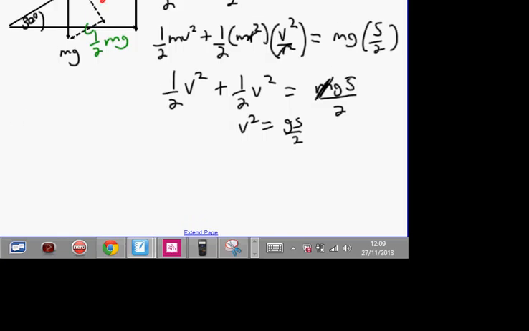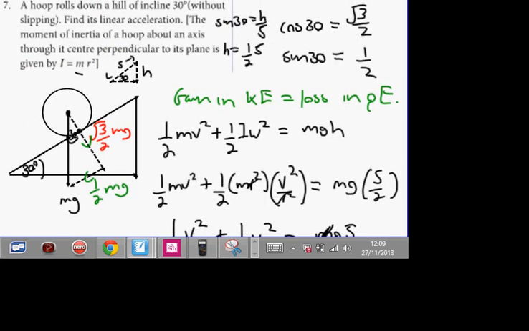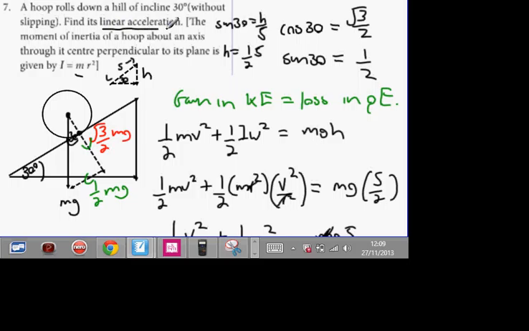Now we want to find out the acceleration, linear acceleration.